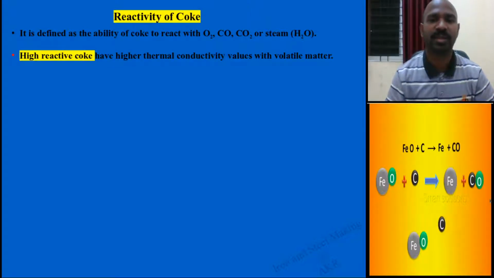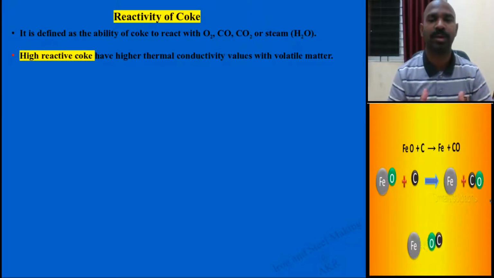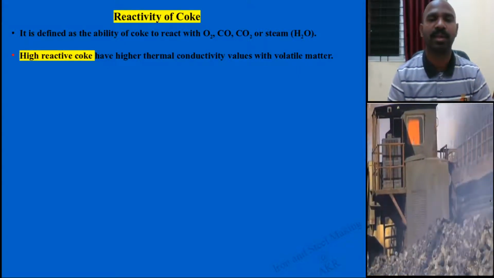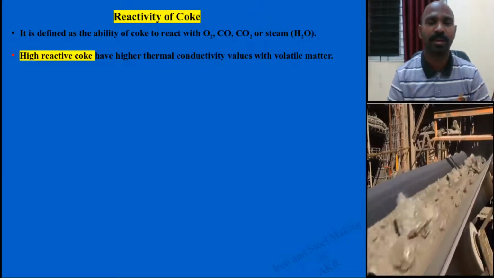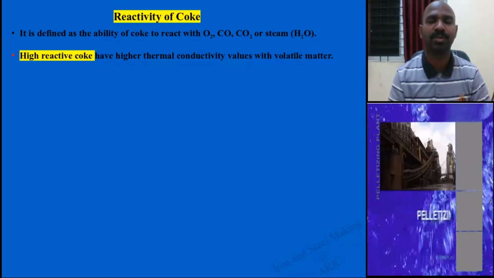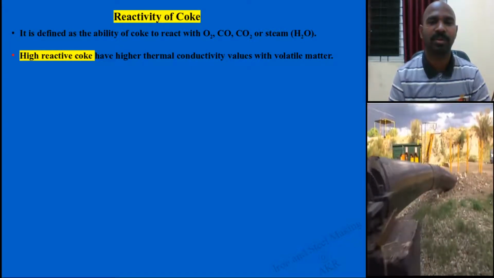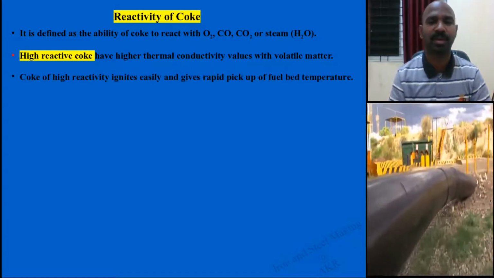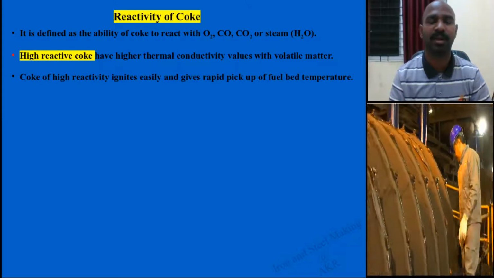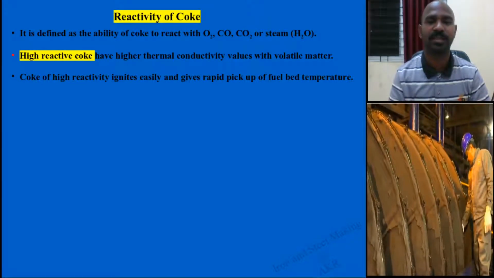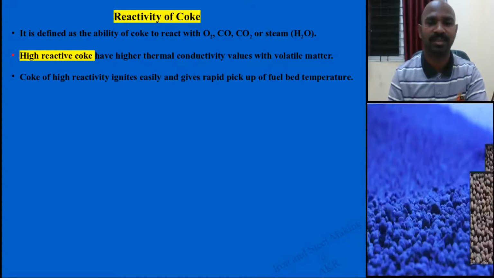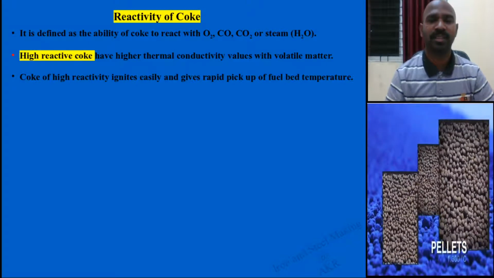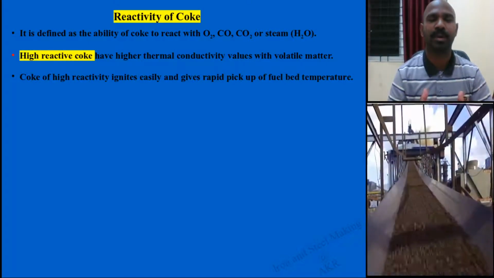If the reactivity of coke with these things is higher, it is assumed to affect the thermal conductivity values of volatile matters such as the associated sulfur and phosphorus with coke and ash. And coke having high reactivity ignites easily and gives immediate pickup for reaching a higher temperature. Fuel here is coke, reaching a higher temperature.